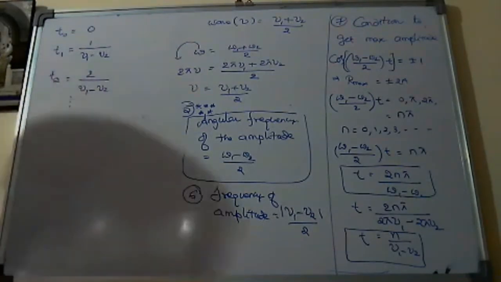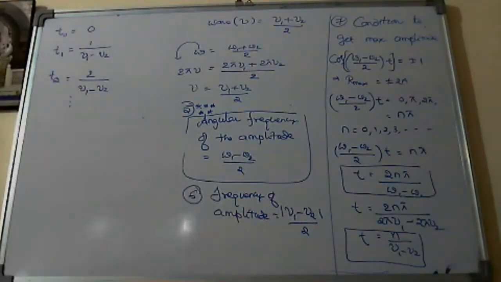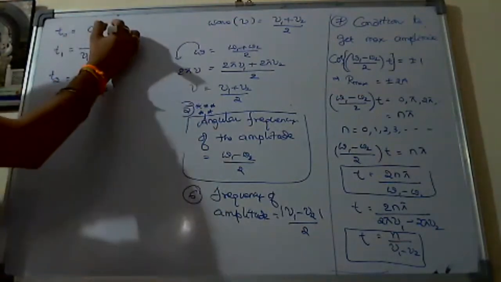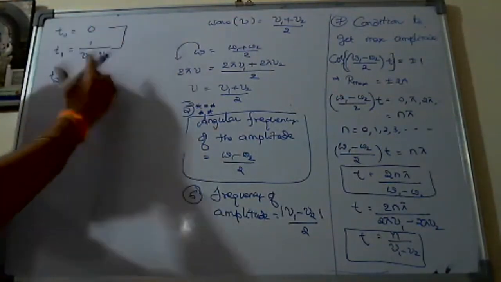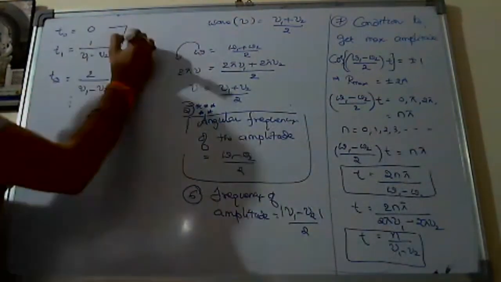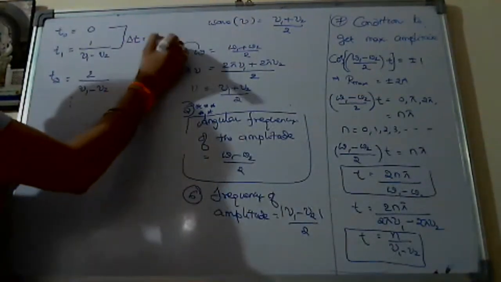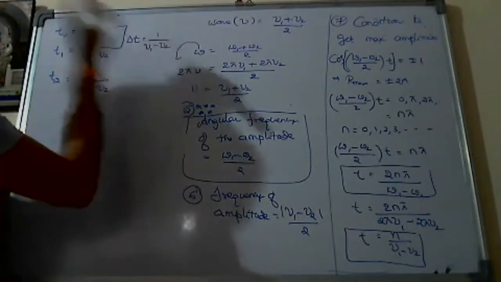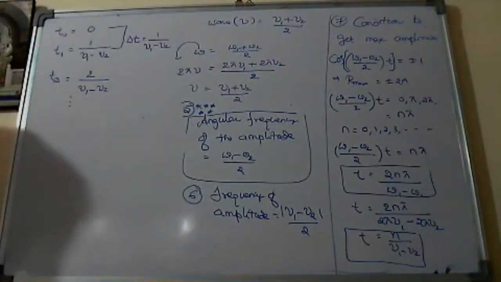Between any two times where the amplitude is maximum, delta t equals 1 by (nu 1 minus nu 2).